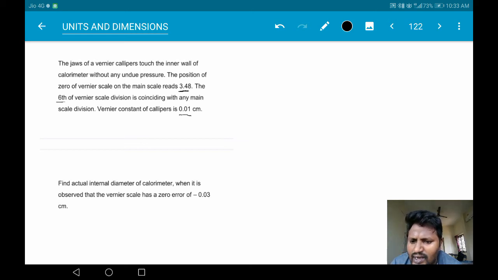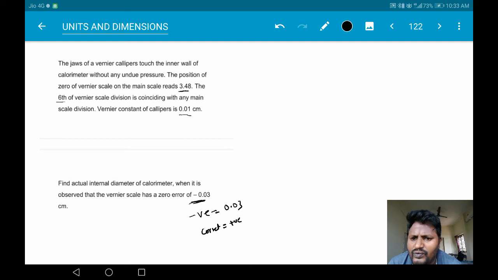Find the actual inner diameter of the calorimeter when it is observed that the vernier scale has a zero error of minus 0.03. So here the error is negative, given as 0.03. The correction will be positive. Right, let us take this.